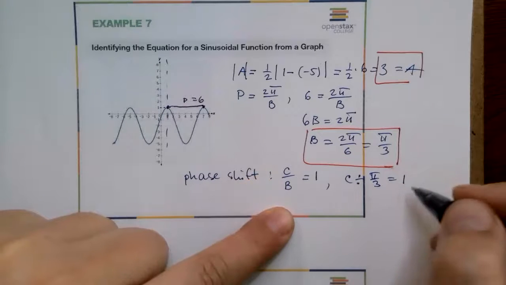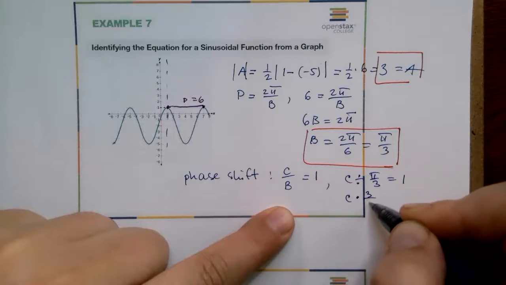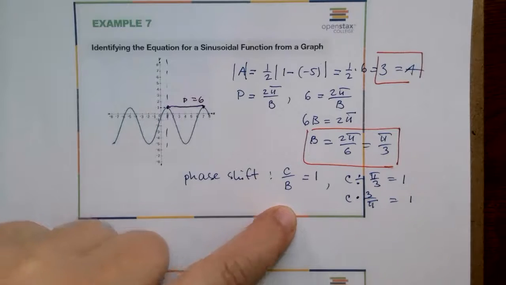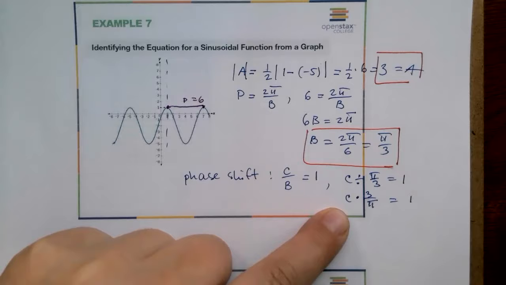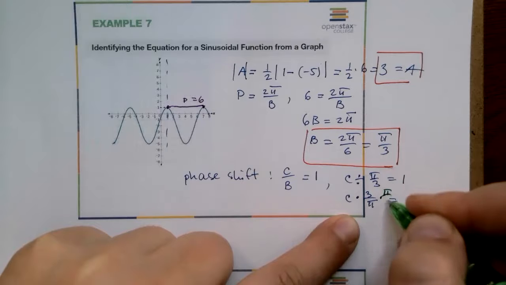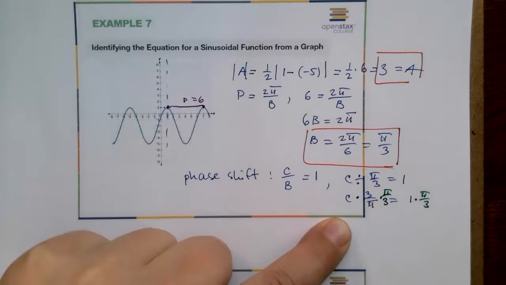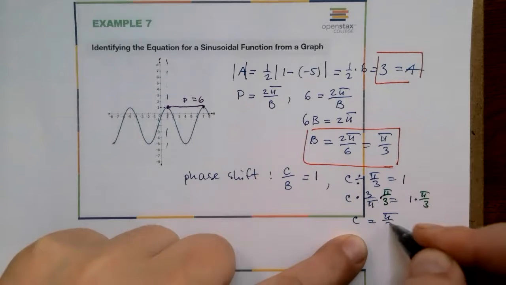Solving this, first I'm going to turn it into multiplication, 3 over pi. Actually, I didn't have to. But anyway, equals 1. And now I'm going to divide out 3 over pi, or multiply by pi over 3, both sides. I will get C equals pi over 3.